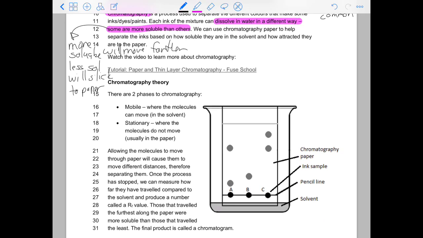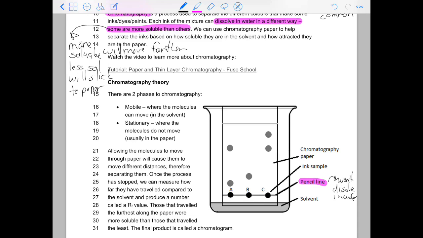So if we look at the picture here, what happens is you start with your samples on the start line. We use a pencil to draw this start line because hopefully you'll have realized that pencil won't dissolve in water. So that pencil line won't move. But the ink will smear with the water when the water moves.